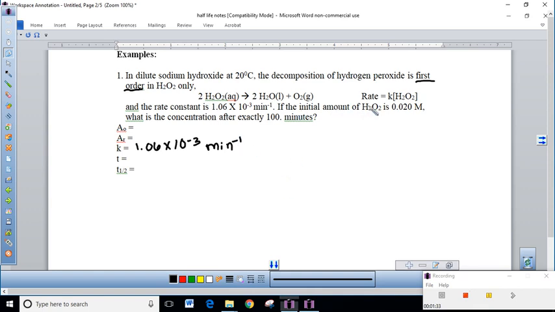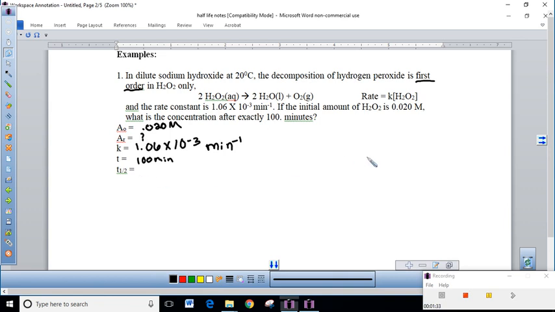If the initial amount is 0.02, that is the original amount, 0.02 molar. And we have a time, and time is 100 minutes. We want to know what the concentration is after that, so I'm looking for the remaining amount. Sometimes you won't be looking for half-life, so you won't need to fill that in.